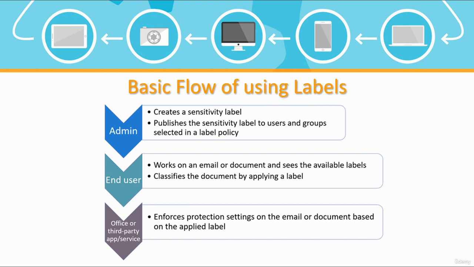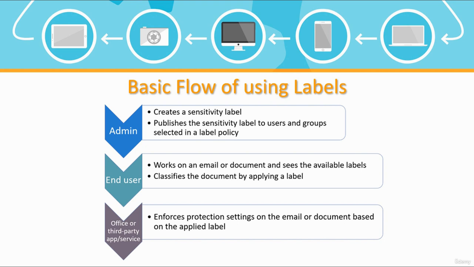The end user can interact with all of this and have documents classified with the labels they want. So if I had a label called top secret or business confidential, I could make that available to the user so they can apply it to the actual document through the product itself.